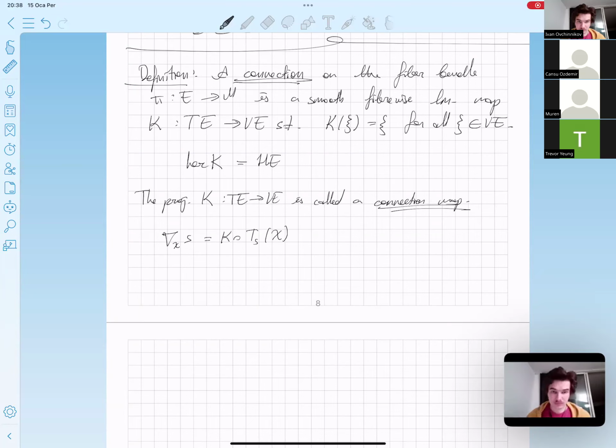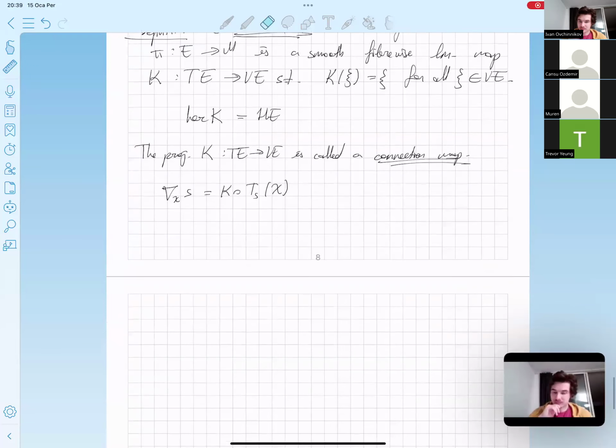In words, the covariant derivative is literally the vertical part of the tangent map. We already said this.